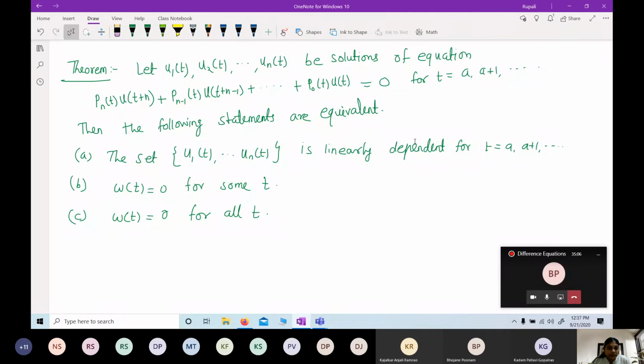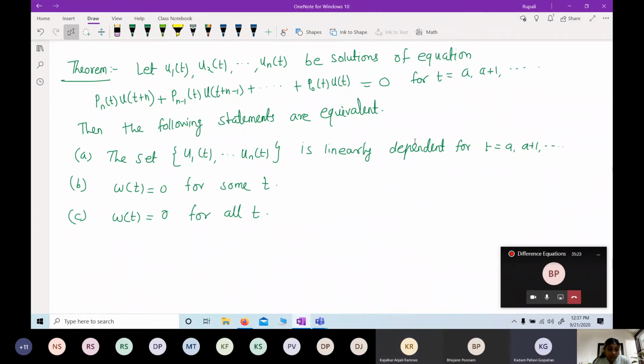Can anybody tell me whether A implies C is obvious, or B implies C, or C implies B, or B implies A? Which one is obvious, you think?